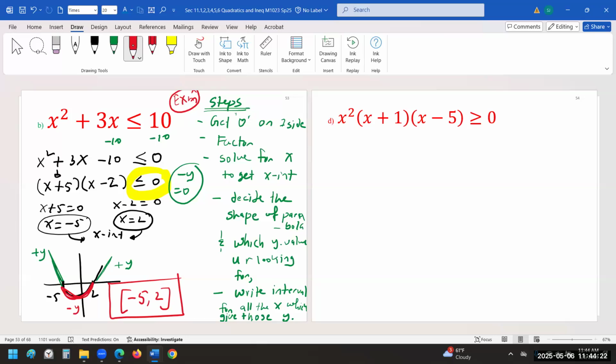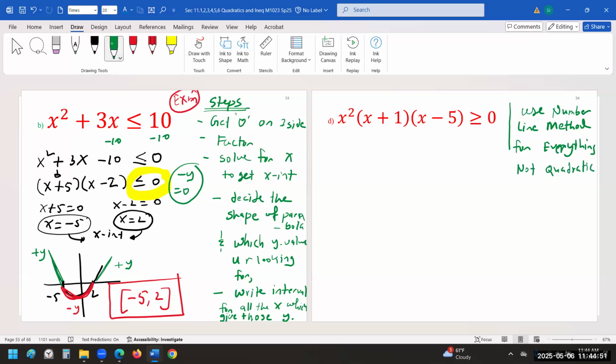So number line method. Use number line method for everything not quadratic.